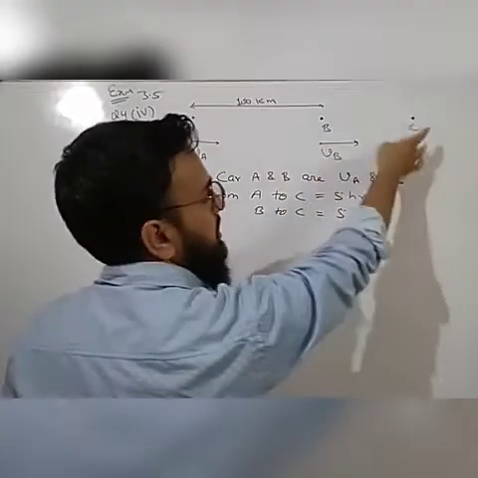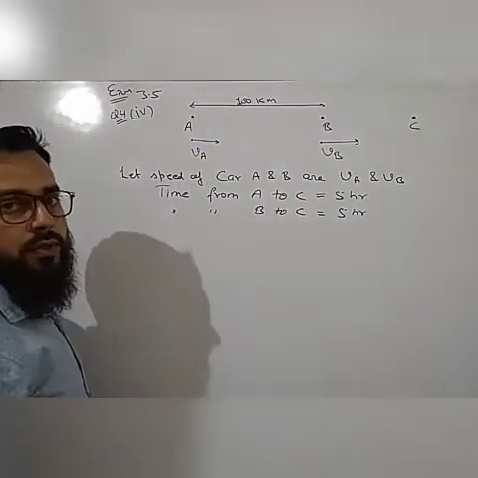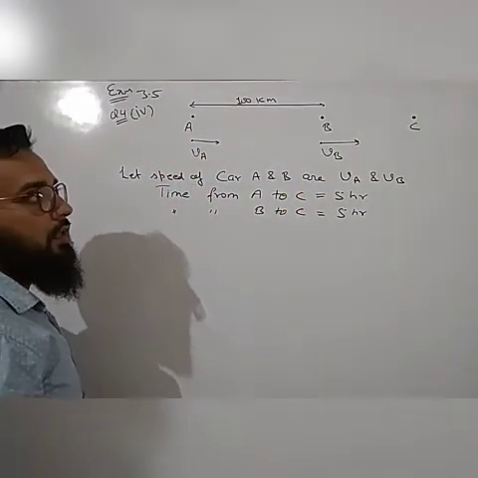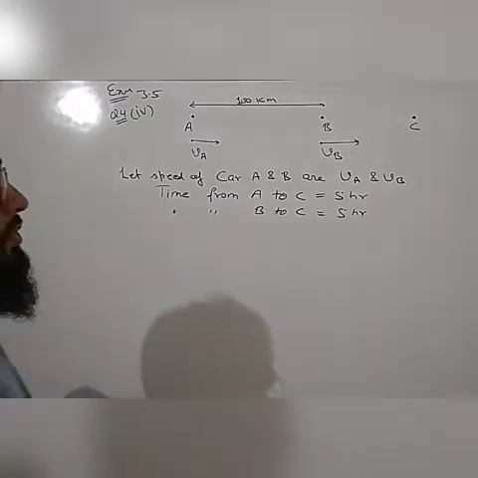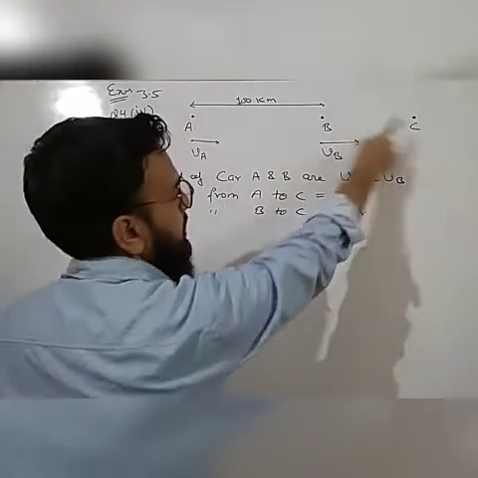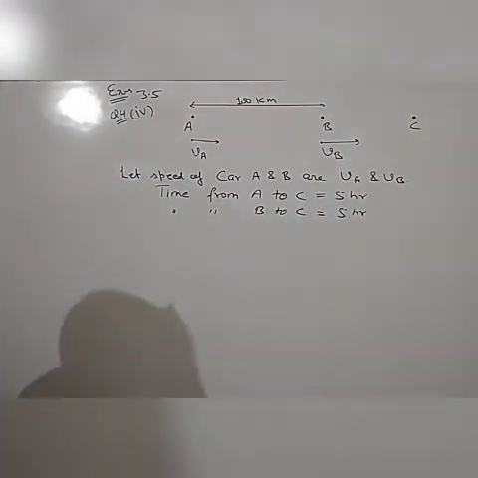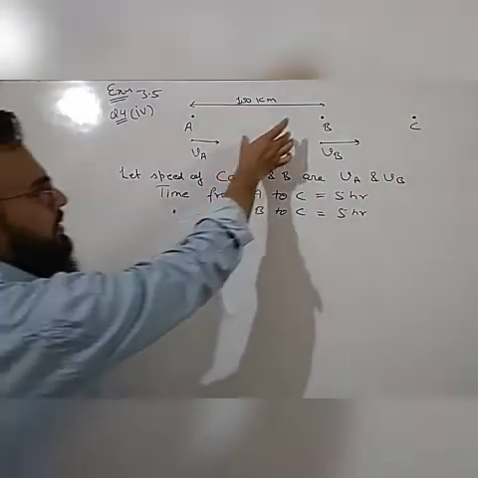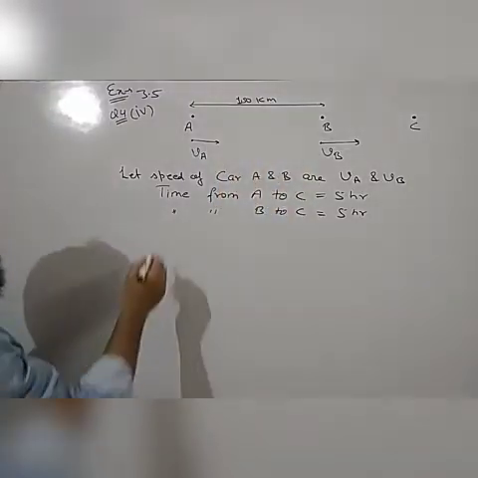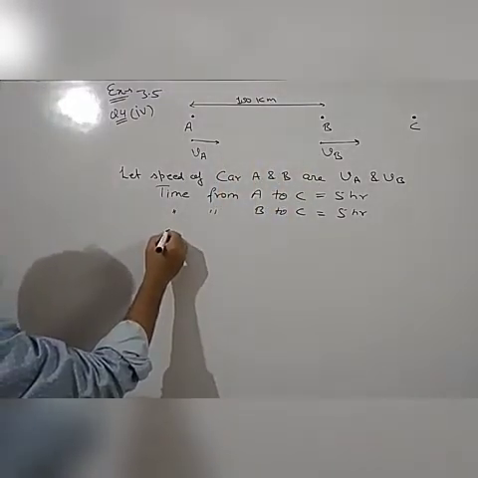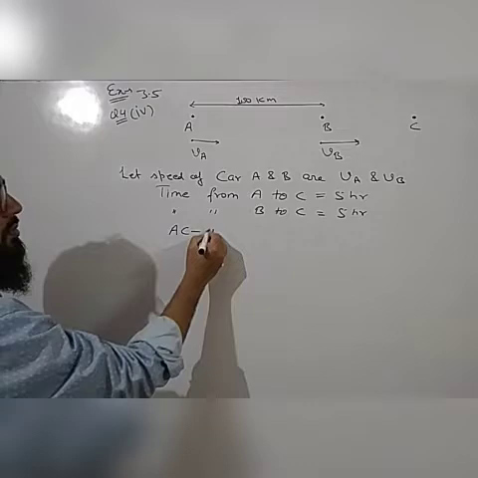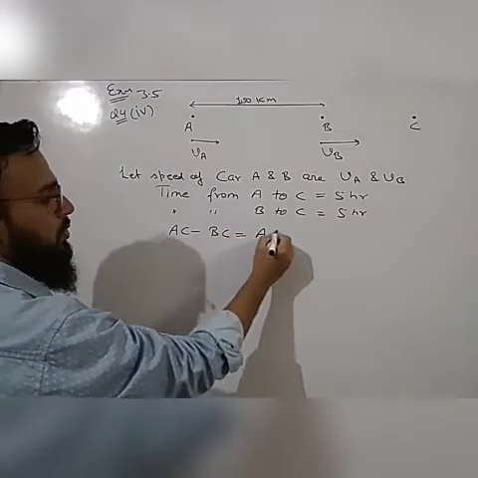We don't know the distance from B to C, but we know the time from A to C as well as B to C. We know both times. So if we write this distance, we can write it as AC minus BC is equal to AB.